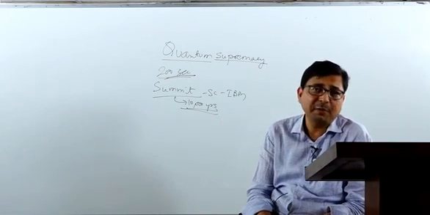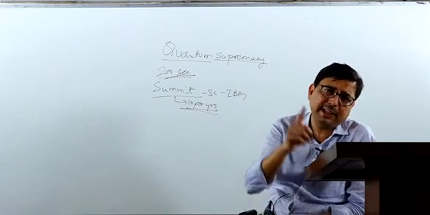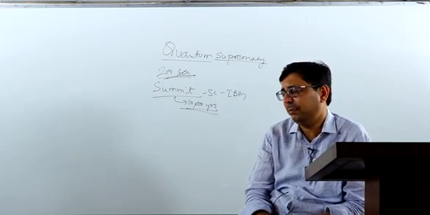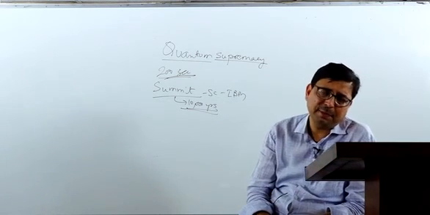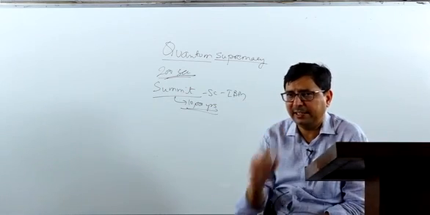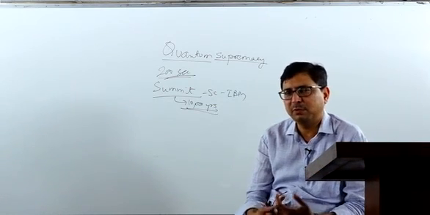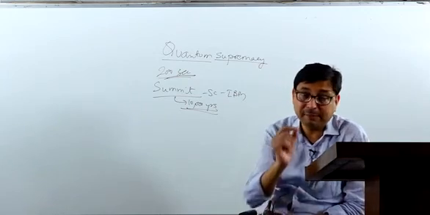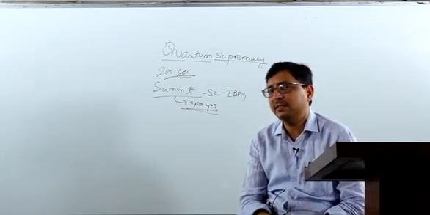Quantum physics is probabilistic. Just recall the definition of the orbital. The place where the probability of finding the electron is maximum. That is what we call as quantum physics, probability. Newtonian physics is deterministic.